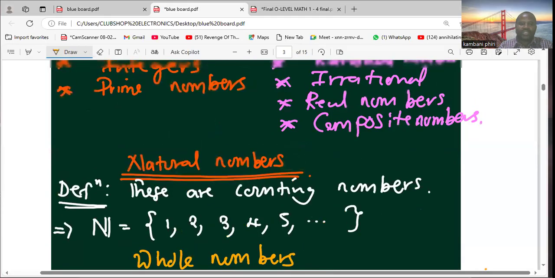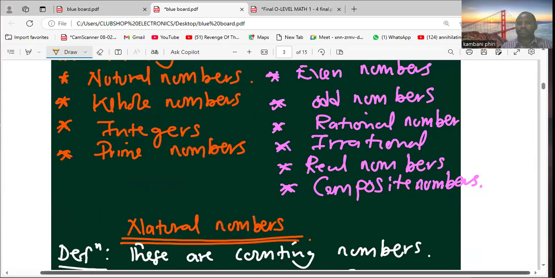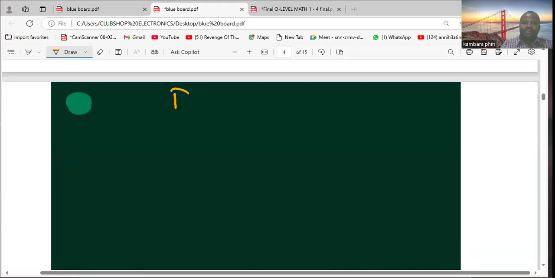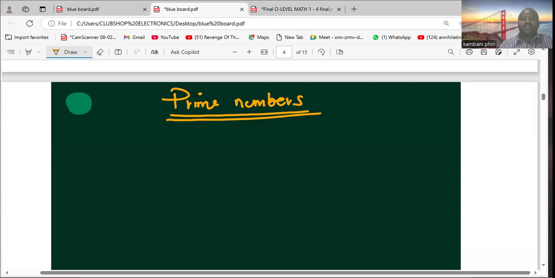Next, we can also discuss prime numbers. Are we able to think of any number which will have two factors? That is the number under discussion and 1. For example, 2. What are the two numbers that can divide into 2? We only have 1 and 2.